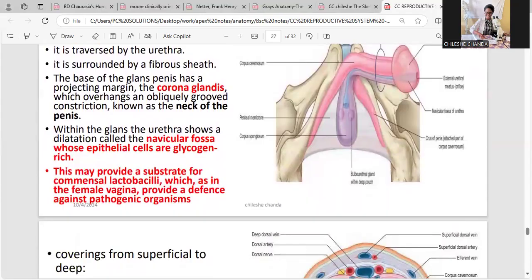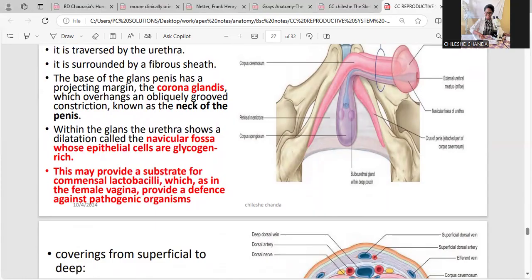This one has epithelial cells that are glycogen in nature, and so these also produce a commensal, a lactobacillus.